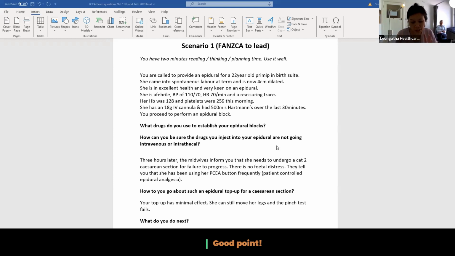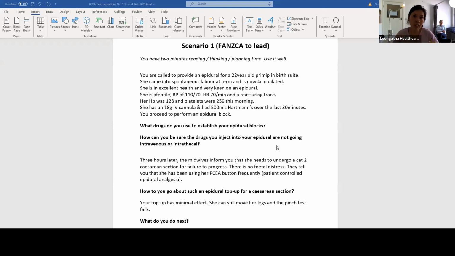If I did the epidural and I felt that it was an uncomplicated first pass, relatively straightforward epidural, and then it's always been working really well, that is a little bit different to somebody who I've had to go back once or twice, and sometimes we use the magic number of twice as having to troubleshoot an epidural, that maybe it's not that reliable. And so if she's using her boluses quite frequently, that is a little bit concerning.